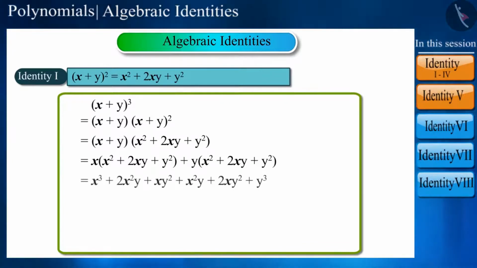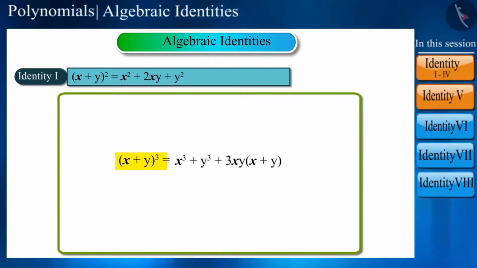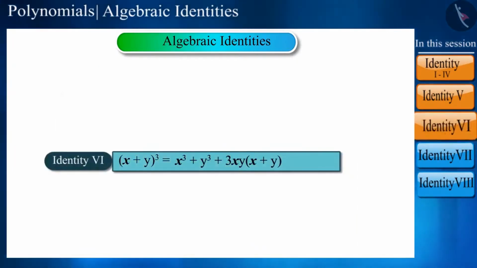When simplified, this becomes x³ + 3x²y + 3xy² + y³. Or you can write it like this as well: (x + y)³ = x³ + y³ + 3xy(x + y). And this is identity 6.